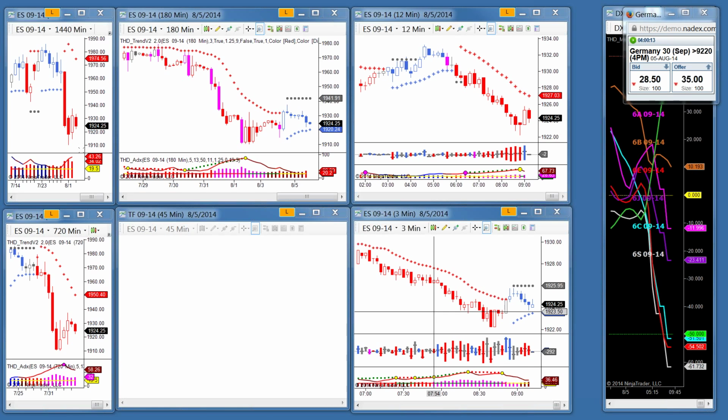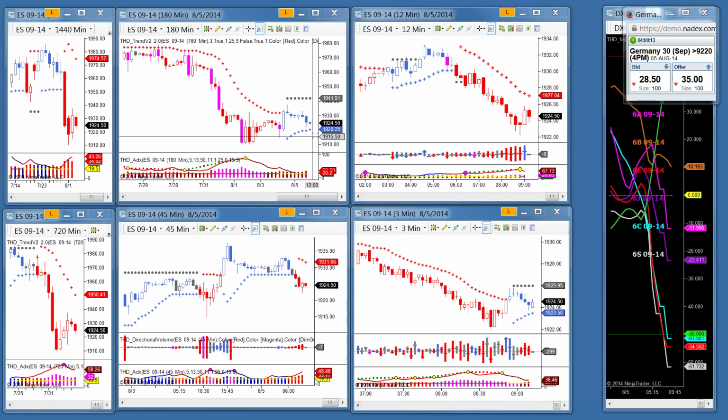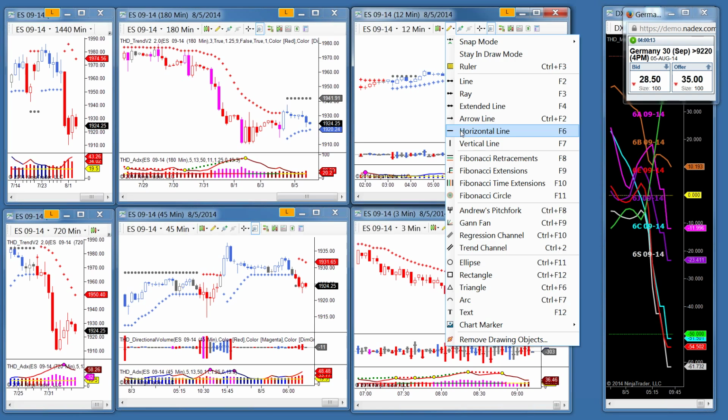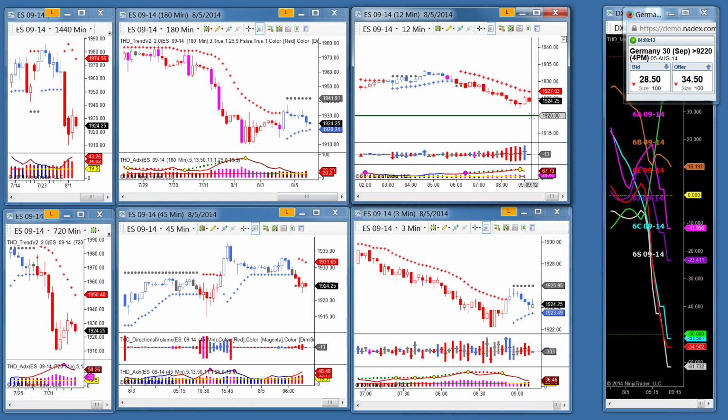Okay, ES is moving down. You've got a magenta peak with the potential to retrace back to the ATR. Congestion zone on the 180 is at 1920. Top of the congestion zone is 1942.